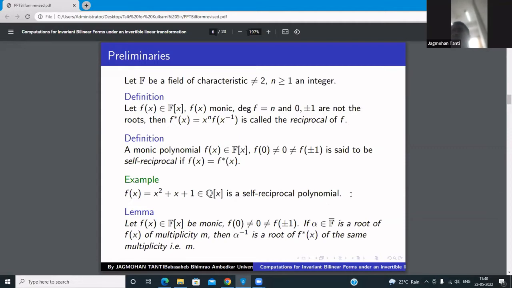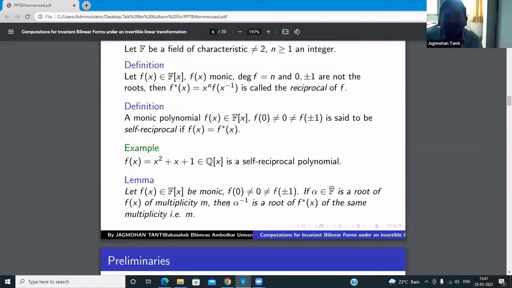There is one result. Let f of x be a monic self-reciprocal polynomial, with f of 0 not equal to 0 and not equal to f of plus or minus 1, so that 0 and plus or minus 1 are not roots.